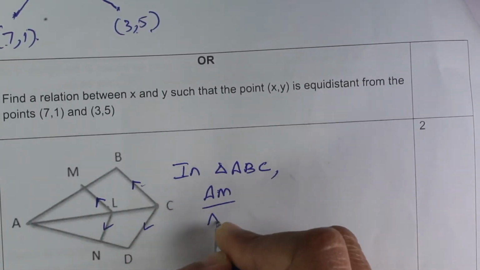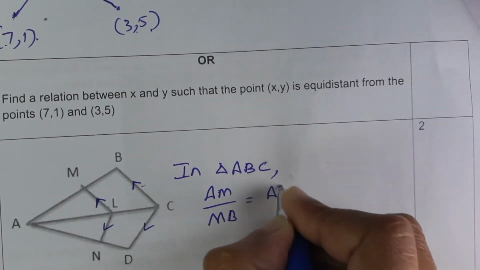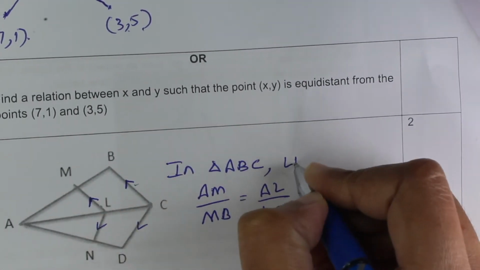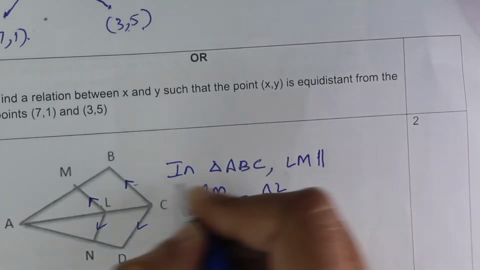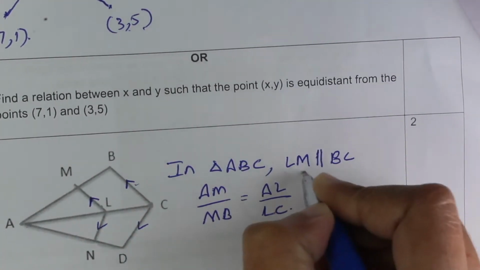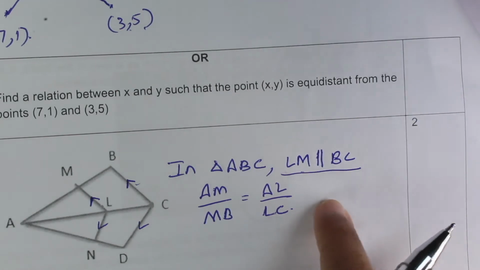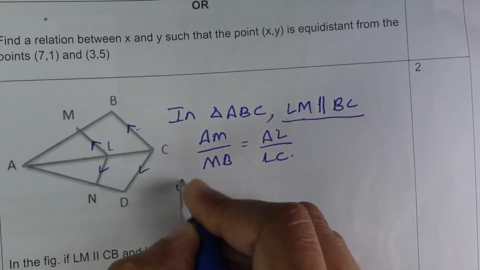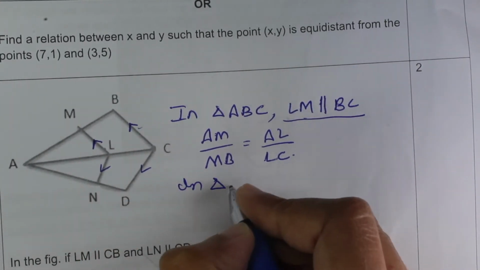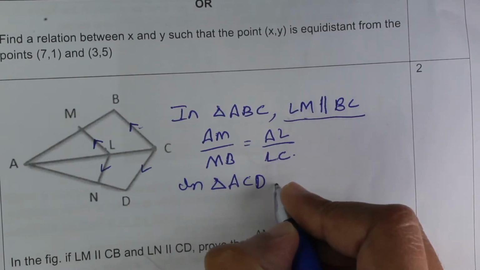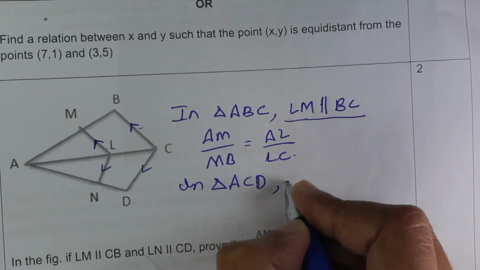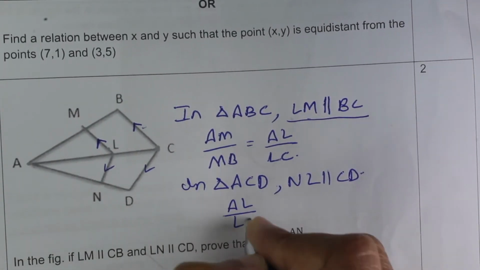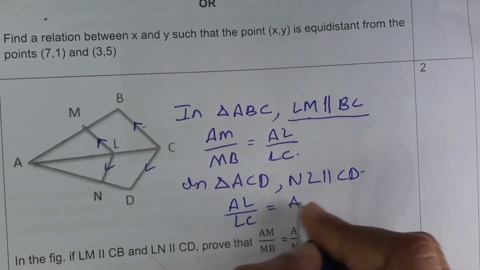AM by MB is equal to AL by LC. Why? Because LM is parallel to BC. That's why, because LM is parallel to BC, AM by MB is equal to AL by LC. Now in triangle ACD, since NL is parallel to CD, AL by LC is equal to AN by ND.